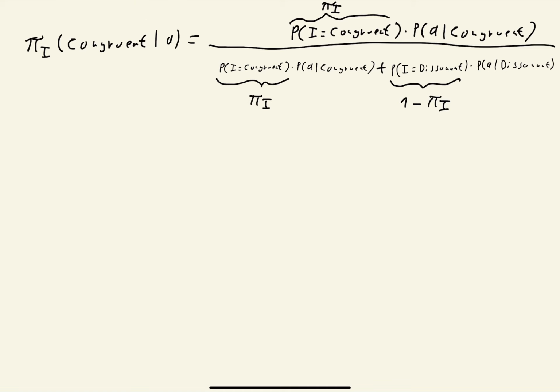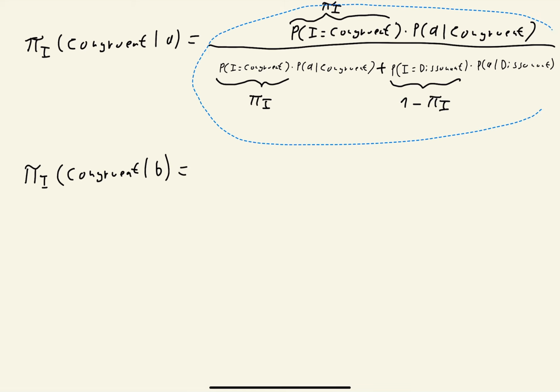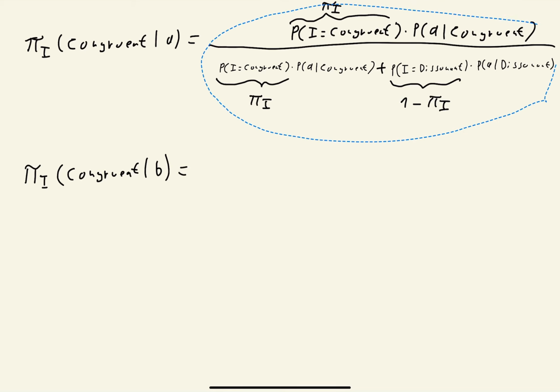This is the first belief, but obviously there is a second belief which will be important, and that is the belief about the incumbent being of a congruent type, given that he's chosen policy B. And here we can copy most of the stuff from above.